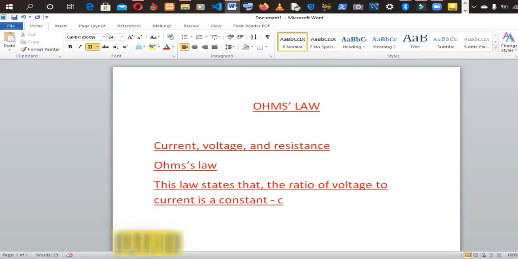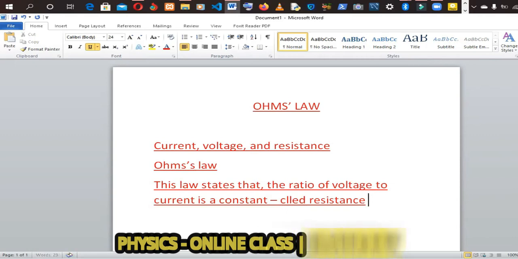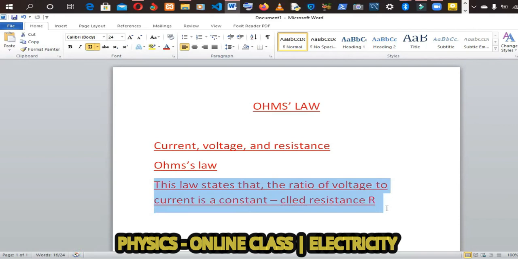Constant, resistance, meaning with the letter R. So this is what Ohm's law states.